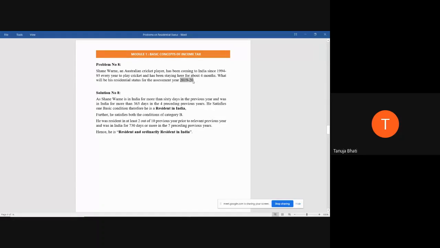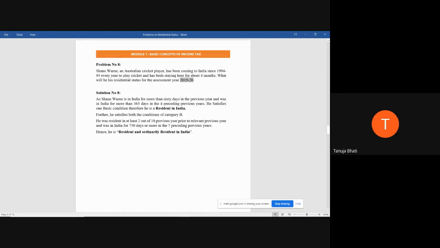So again, we have to go with the basic condition first. So what is the basic condition? Saying that in the previous year, now if the assessment year is 19-20, what is going to be the previous year? Previous year is going to be 2018-19. Now the first basic condition is that in the previous year, his stay should be 182 days or more. Now let us check whether it is 182 days or more.